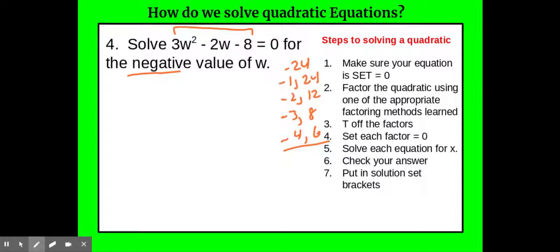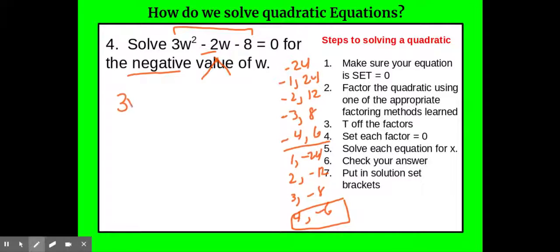Also, we have our opposite ones, positive 1, negative 24, positive 2, negative 12, positive 3, negative 8, positive 4, negative 6. So now we need to figure out which one's going to add to negative 2, which would be positive 4, negative 6.